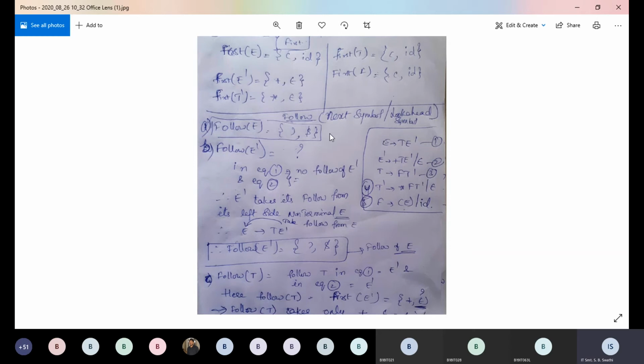Epsilon is not allowed in the follow of T, so this epsilon should be removed. We cannot simply directly remove that. We need to do some replacement. We need to fill up epsilon with some alternative elements and then remove the epsilon. Now how to replace epsilon with alternative elements, we are checking this one.